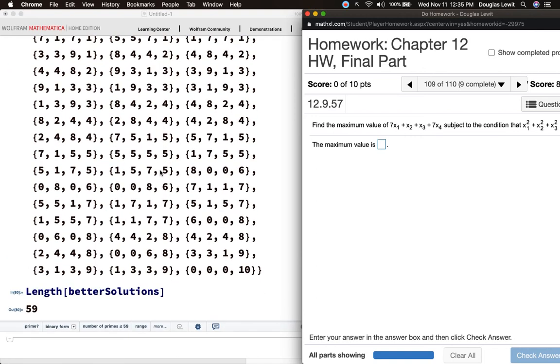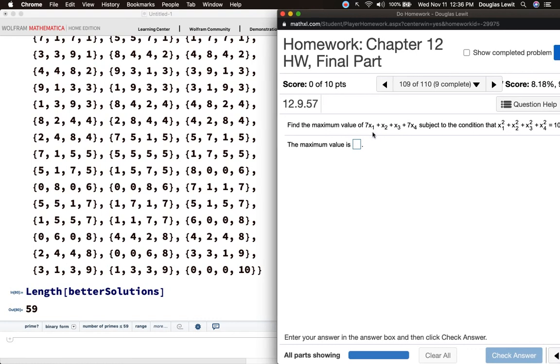So here's what I'm going to do. We're looking at this function, and the function is 7 times the first number, plus the second number, plus the third number, plus 7 times the fourth number.